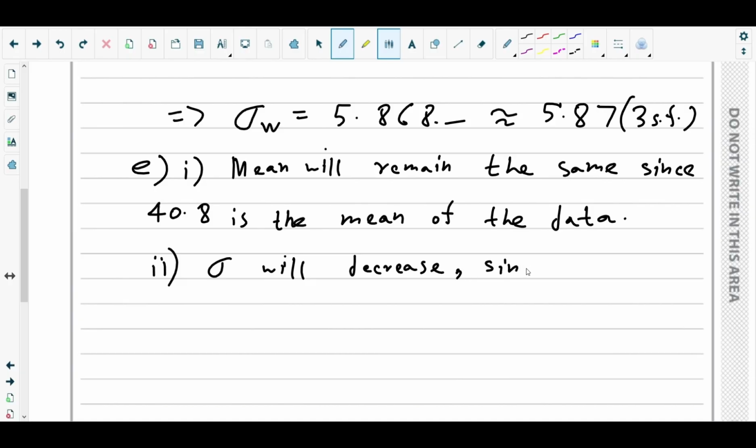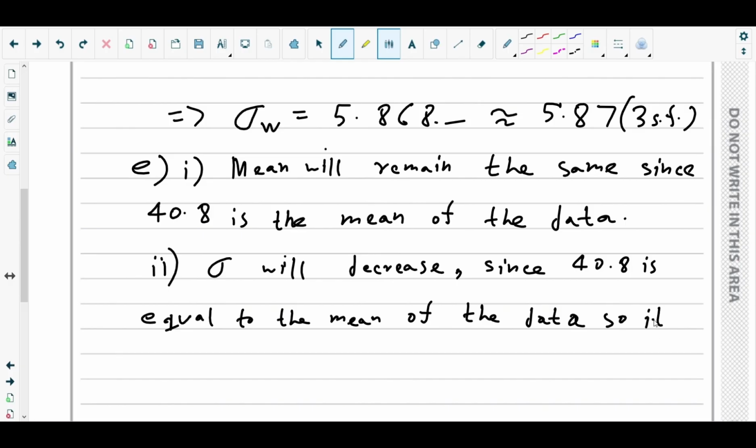Since 40.8 is equal to the mean of the data, it lies closer to the middle of the data, that is closer to the mean, or you can say it lies within one standard deviation, one sigma, about the mean.